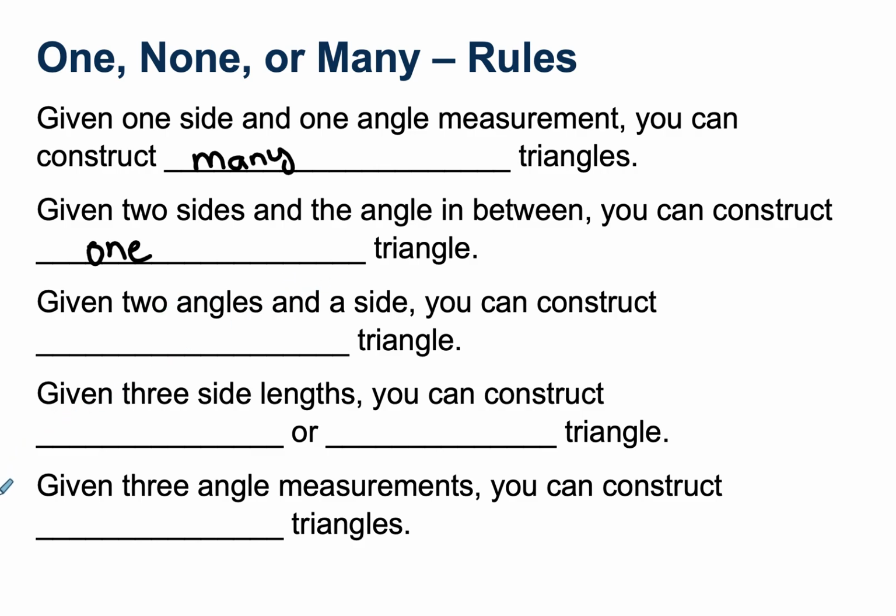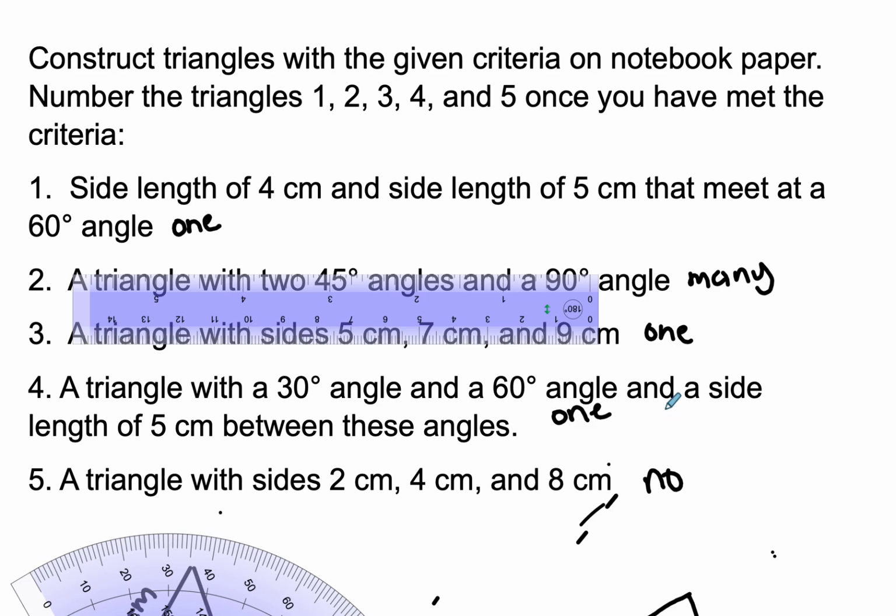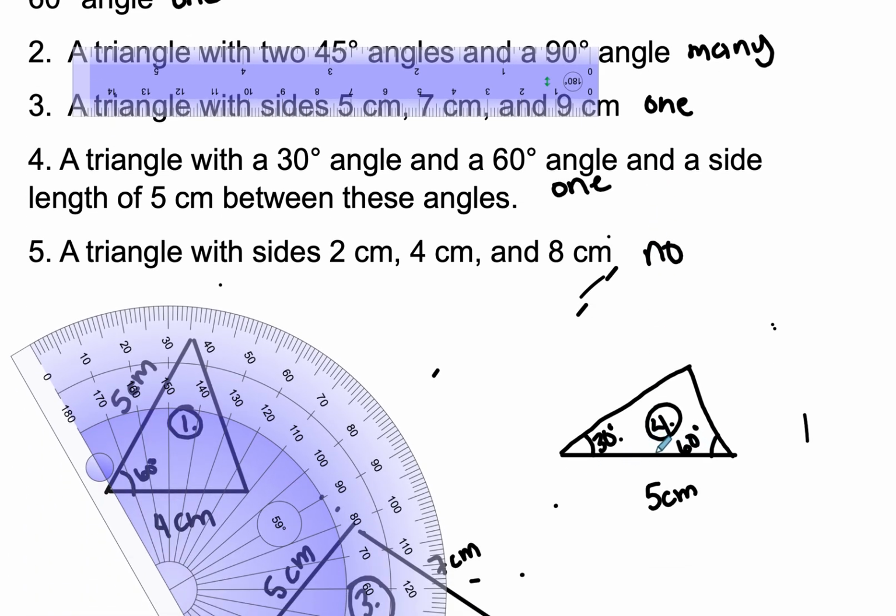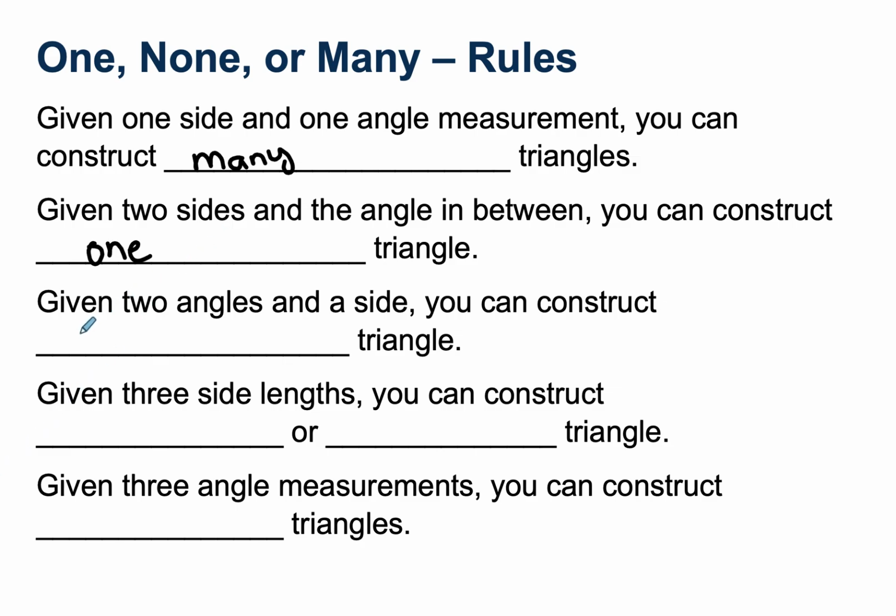Given 2 angles and a side, that's like the last one that I just did. Find it, 2 angles and a side in between them. That one is only going to be 1. There's only one triangle you can do. Given 3 side lengths, that was like number 3 and number 5, you can either construct one triangle if the 2 short add to be longer than the third, or no triangles.